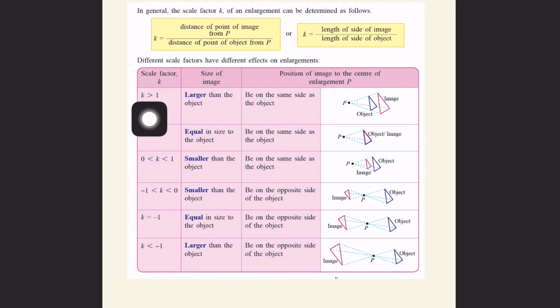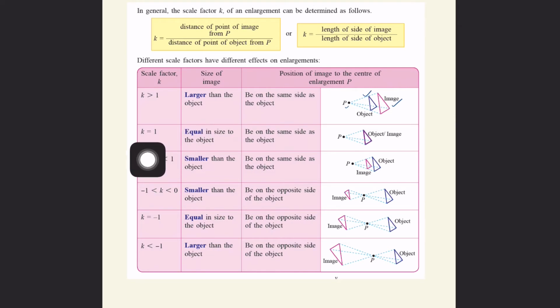When K is more than 1, the image is larger than the object and on the same side as the object. Look over here. If you have K over 1, this one is the point of enlargement. You have the object and the image. The image is larger than the object itself, and it is on the same side.